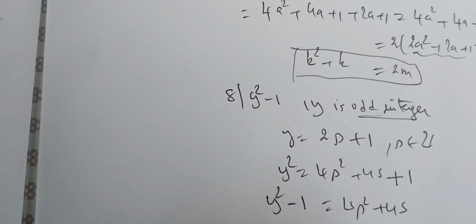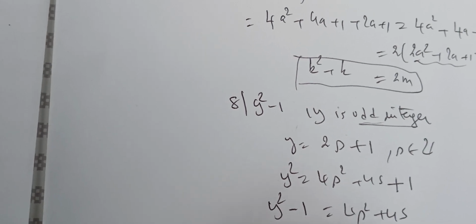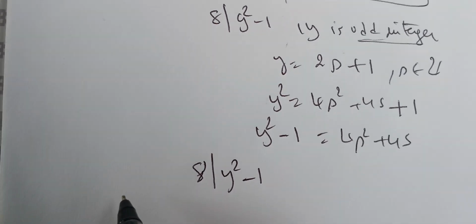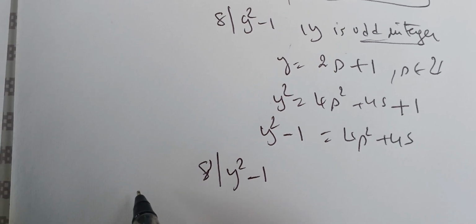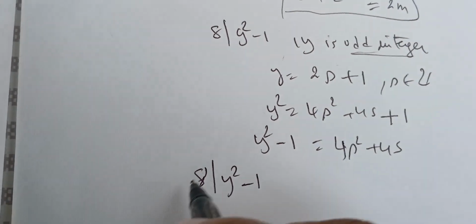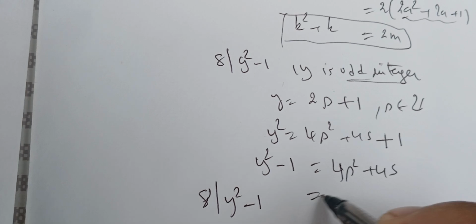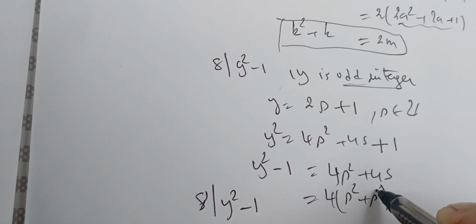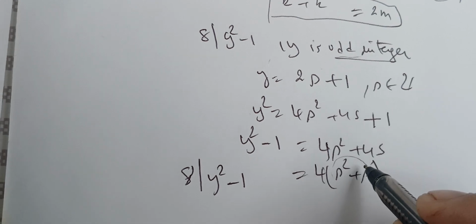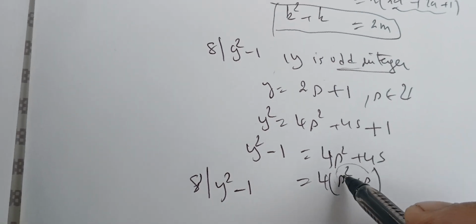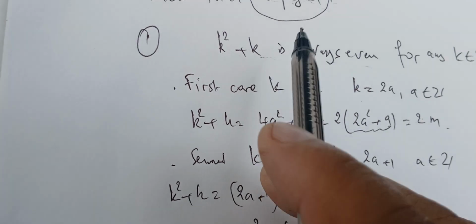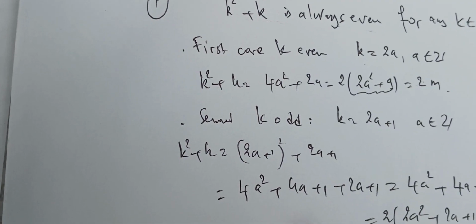Now can we conclude that 8 divides y squared minus 1? Yes, we can, because we have 4 times s squared plus s, and s is in Z. And what did we say about this number, s squared plus s, which is k squared plus k for k in Z?